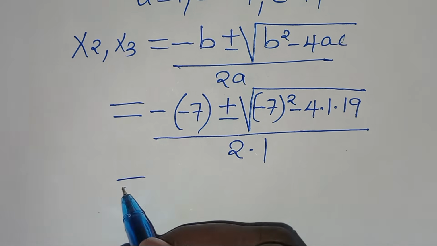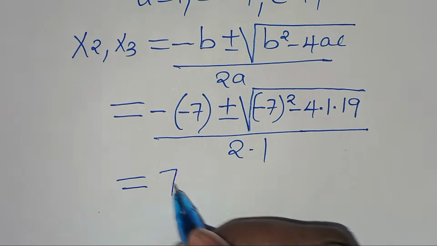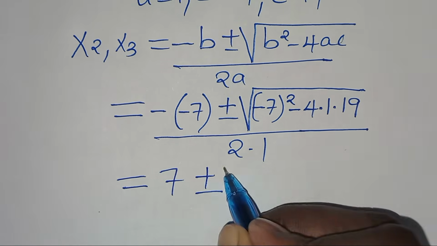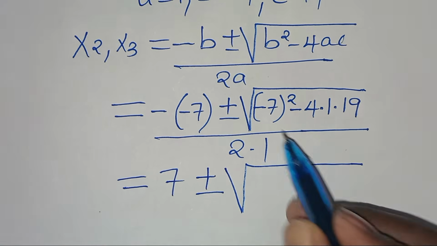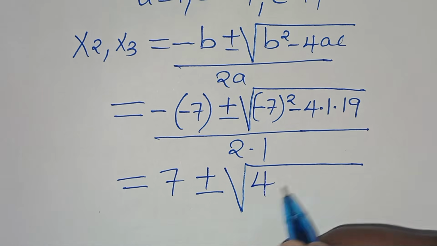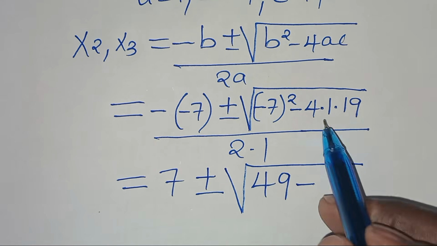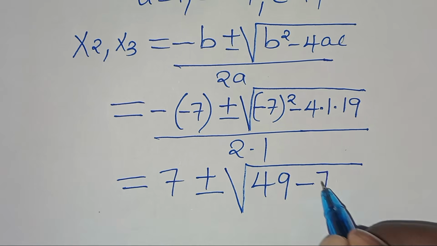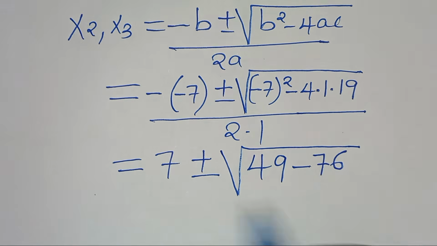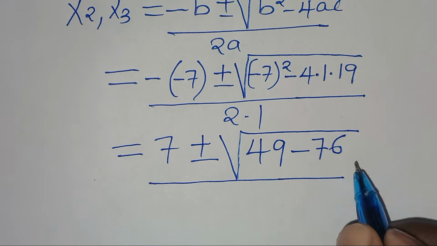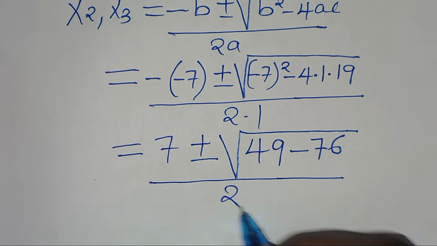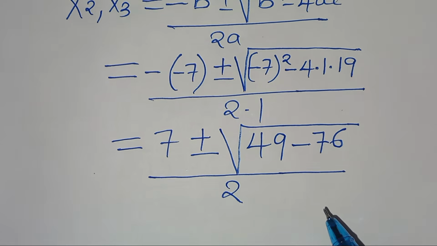So this implies we have -(-7), which is 7, plus or minus the square root of (-7)^2, which is 49, minus 19 times 4, which is 76. Everything here divided by 2, because 2 times 1 is 2.